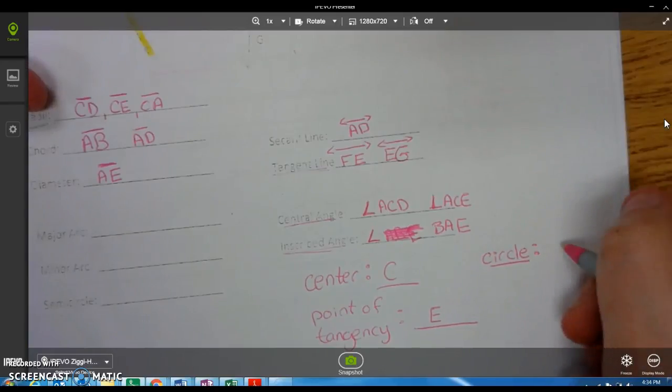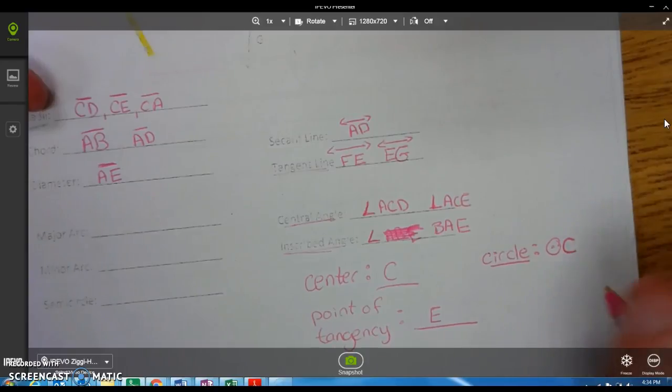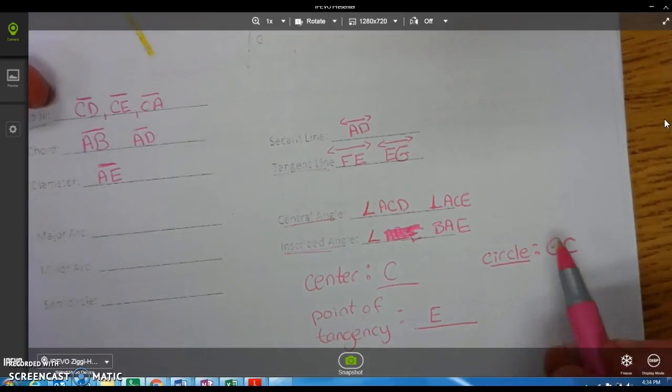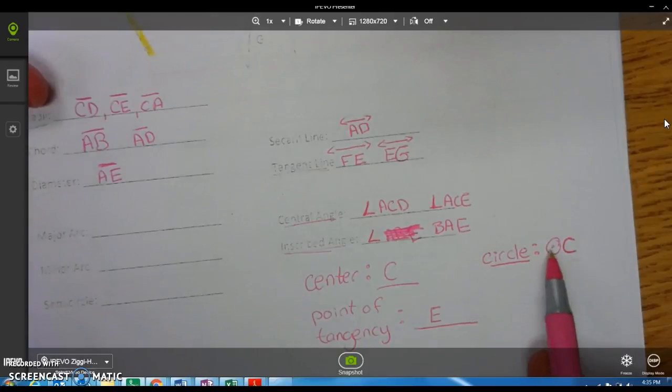So this circle is named with a circle symbol, and then the center point. So this is called circle C. You're not going to usually be asked to tell me the name of the circle, you're just going to be given this, and you're supposed to know that this means circle C. So you put a dot here to help you realize that it's not an O or a 0.